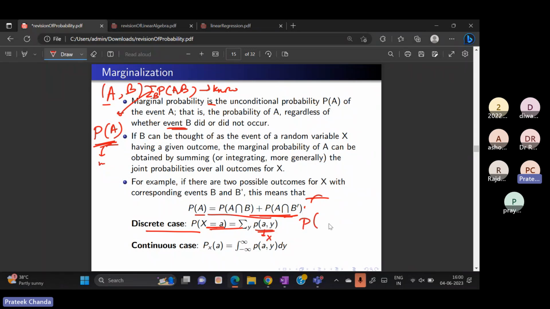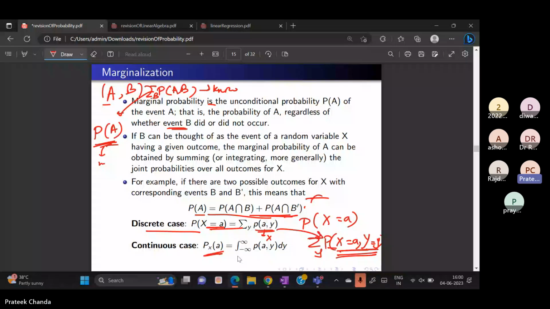So p of x equal to a is the summation of p of x equal to a, y equal to y, and I can write it like this. And similarly for the continuous case, the summation operator gets replaced by the integration operator, and we have the same notion.